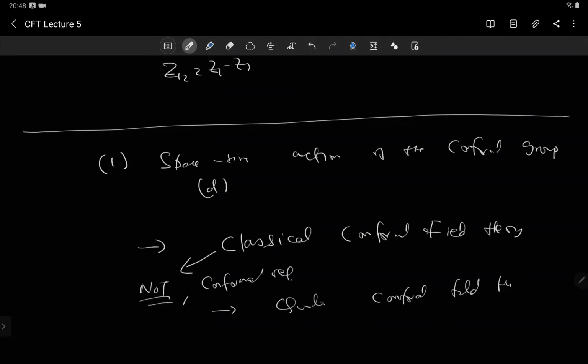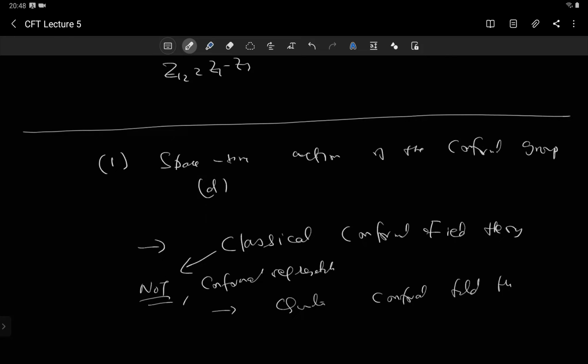So conformal representations. What that means is that when we do Poincare symmetry, we know that the fields we have are vectors, scalars, spinors, and so on. Those are the representations of the Lorentz algebra.